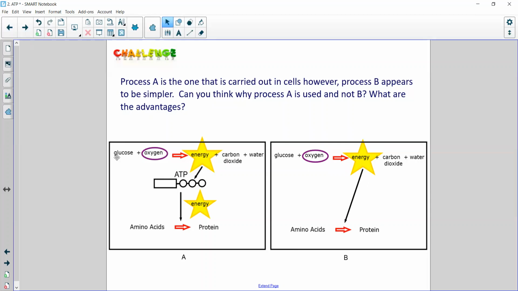So instead, what cells do is they store the energy released from respiration in ATP, and now we can spend however many ATP we need for a particular process. And then anything that's left, we've got spare as more ATP. So this process here, this is how it worked. We would lose huge amounts of energy. So that's another reason why ATP is an important molecule linking the energy releasing reactions to the energy consuming reactions. Any spare energy that we've got left over is kept.